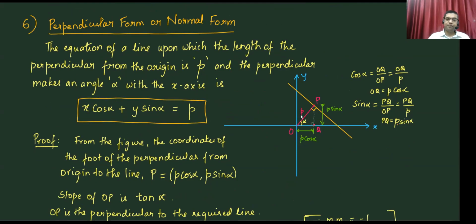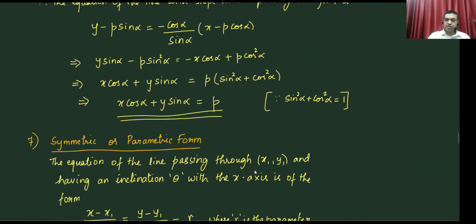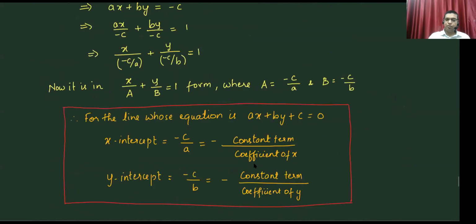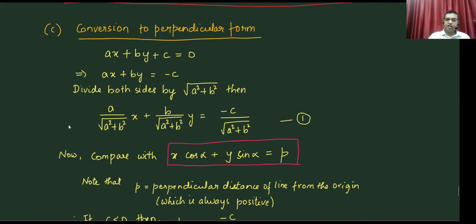Okay, that is p. So x cos alpha plus y sin alpha equal to p. Alpha is the angle that this line OP makes with the x-axis. So how to convert ax plus by plus c into perpendicular form? In perpendicular form, you get x cos alpha plus y sin alpha equal to p.